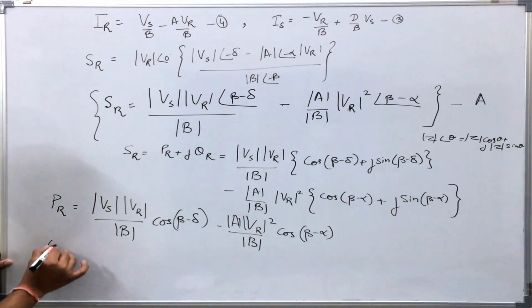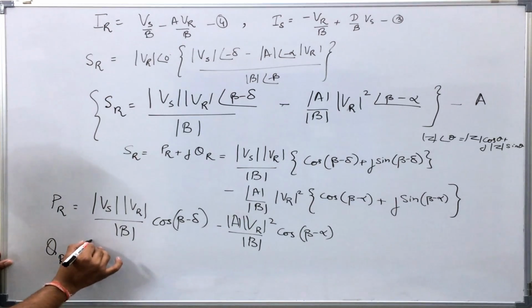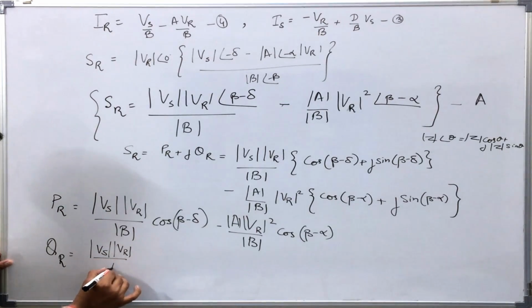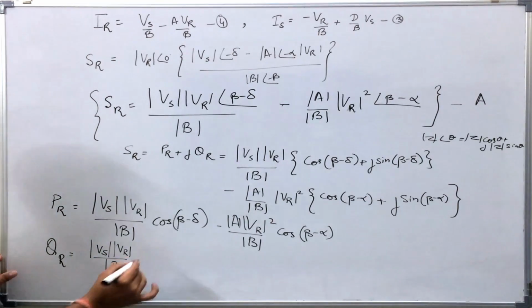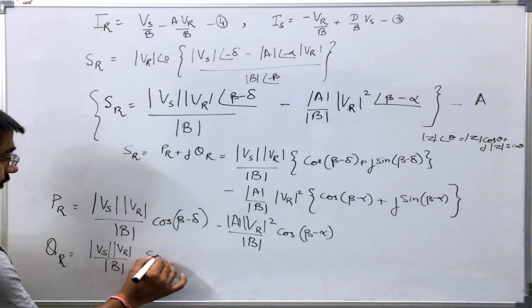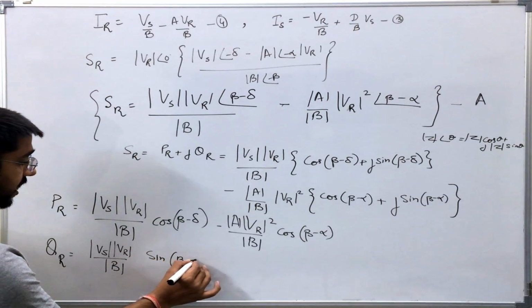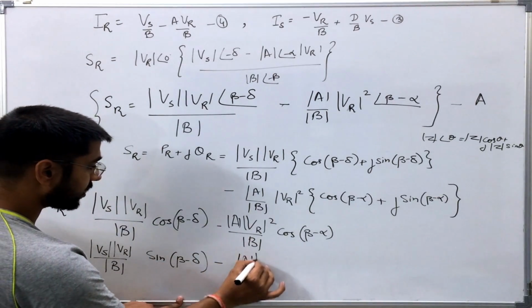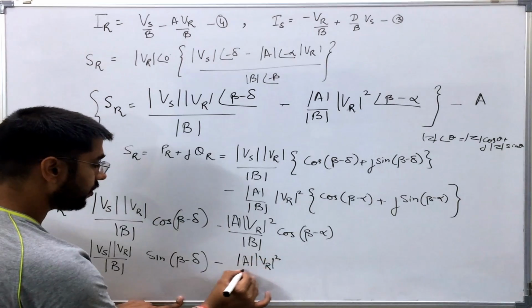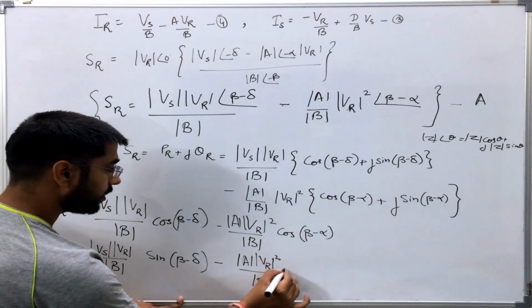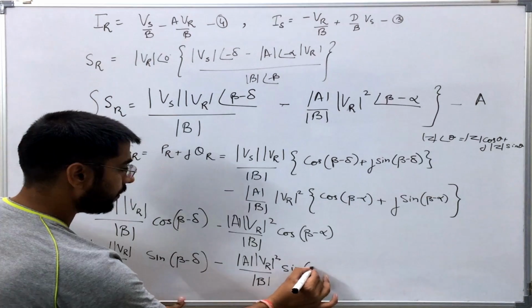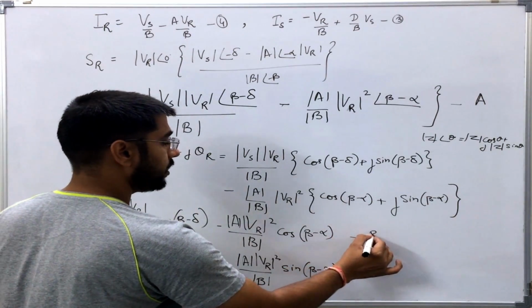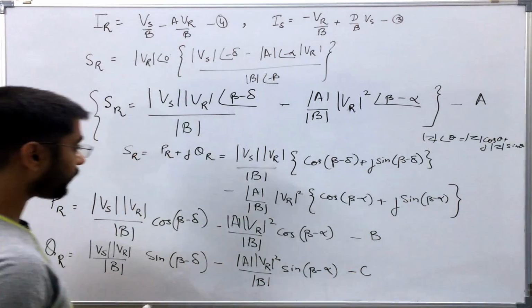Similarly, QR can be written as Vs VR over B sin of (beta minus delta) minus A VR square over B sin of (beta minus alpha). Now let us call this equation B and this equation C.